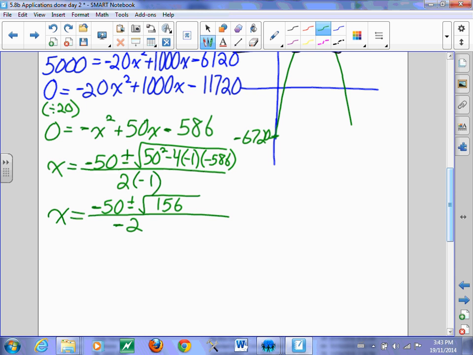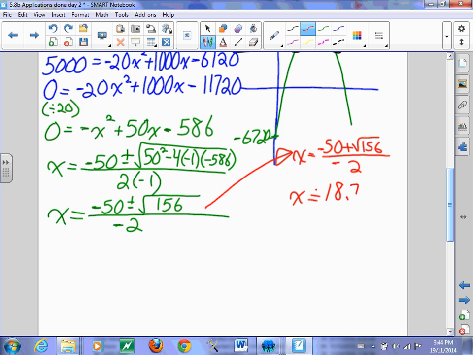All right. Once we've got that, ladies and gentlemen, we split into its two cases. Just because I'm saving room, I'm going to go up here. So we're going to have x equals negative 50 plus root 156, all divided by negative 2. Okay. Plug it in your calculator, ladies and gentlemen, and you're going to get approximately 18.76.